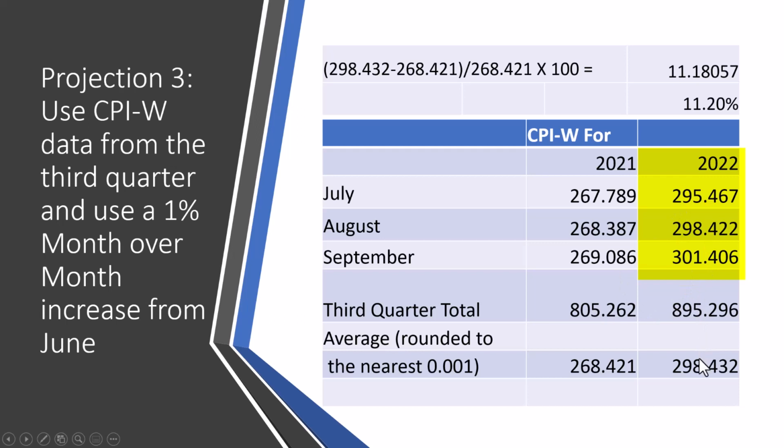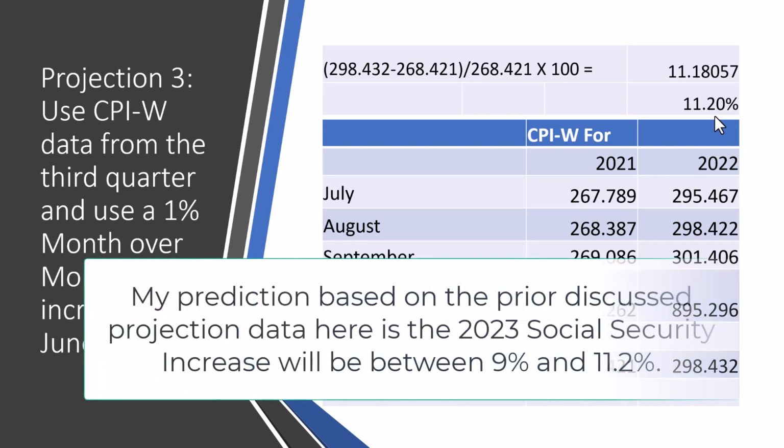Again, we take that last number, 298.432, subtract out the average of last year, 268.421, then divide by that number, and we get 11.18057. Rounded to the nearest tenth percent, that's 11.2. So based on my predictions and the projections discussed here, the COLA increase for 2023 should be anywhere between 9% and 11.2%, that kind of range.